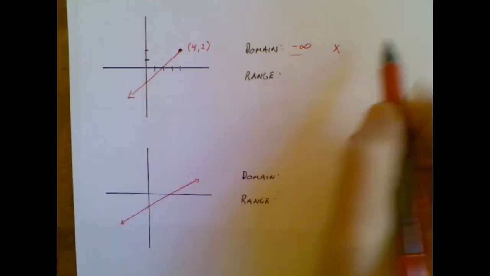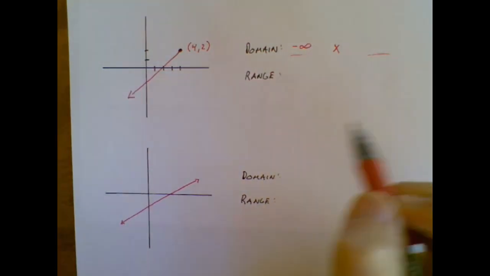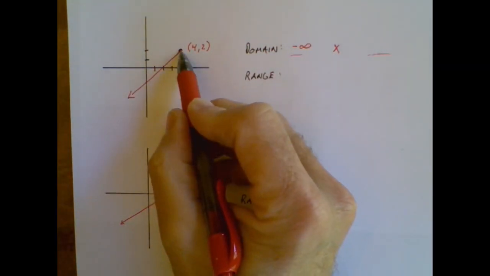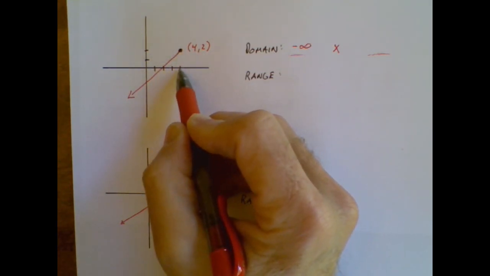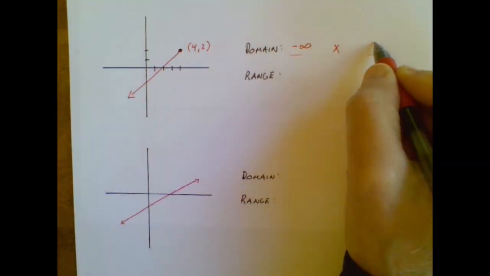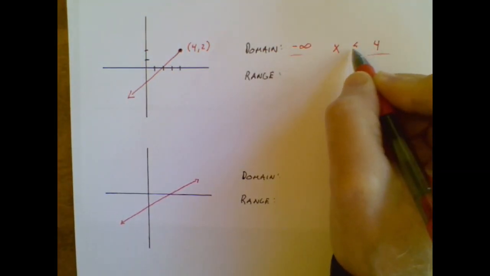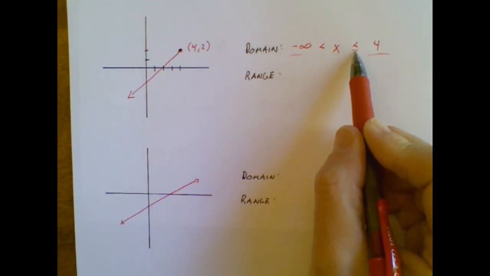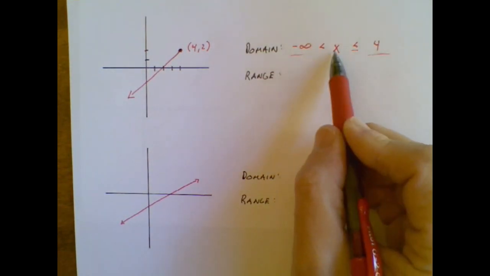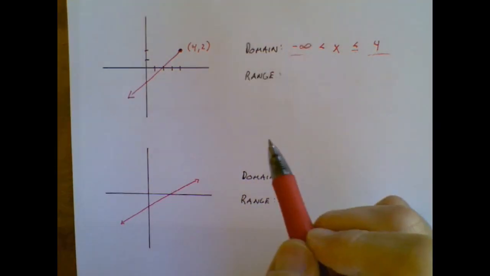And as I look at the largest x value that this could ever have, this is kind of an endpoint. It is an endpoint. It's an endpoint for the graph at x equals 4. That means x can't get any larger than 4. So now I just put in my symbols. X has to be less than or equal to 4, but x has to be greater than -infinity.